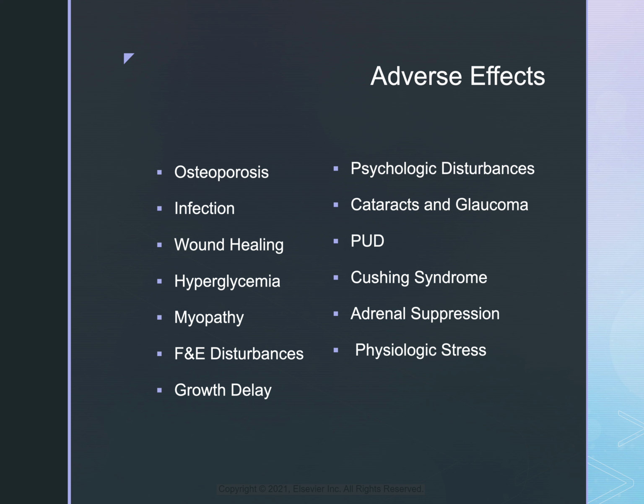Remember that when stress occurs, our adrenal glands, if they're activated, are going to secrete larger amounts of glucocorticoids than usual. If the stress is sufficiently severe, like in trauma or surgery, the glucocorticoids are hopefully helping to support life during that time. But because of adrenal suppression, your patient's not able to do that.